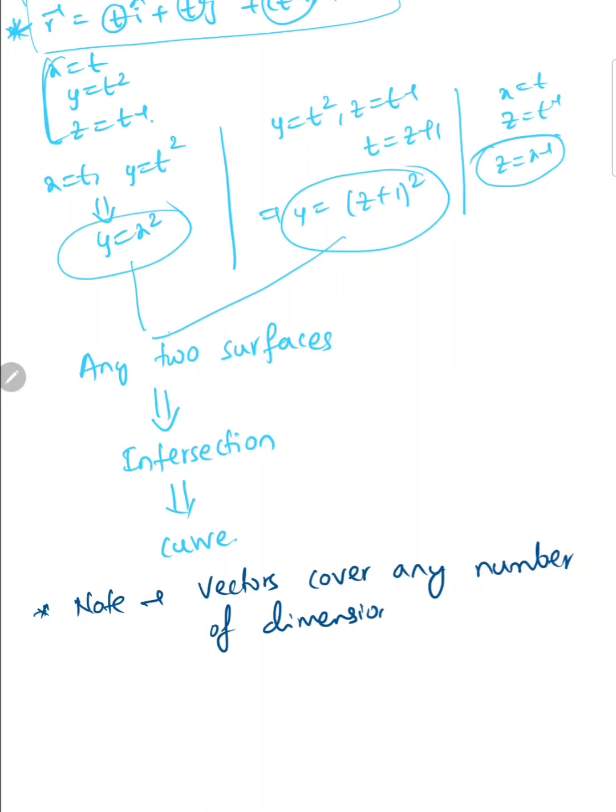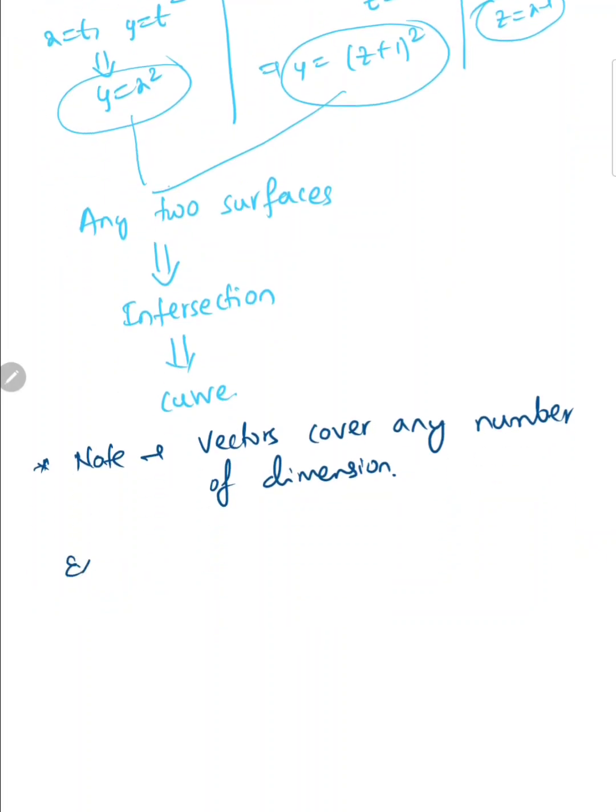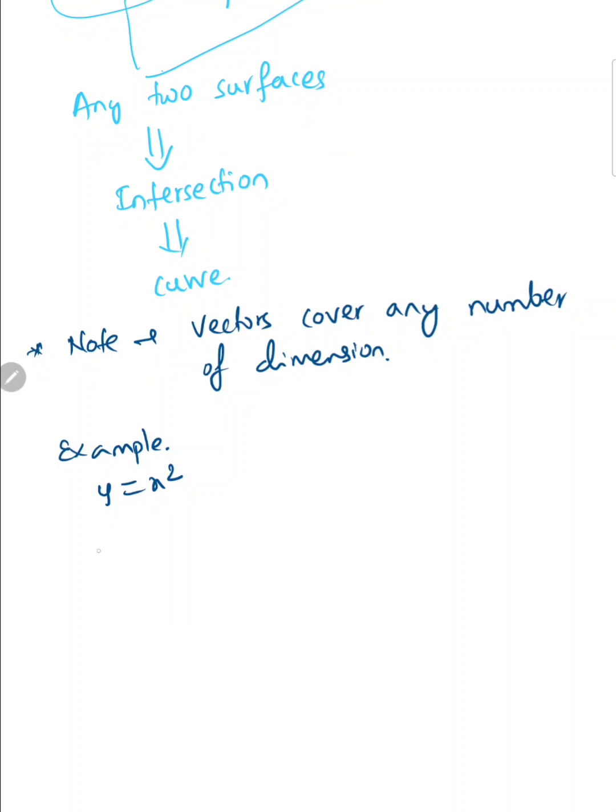For example, we can see a curve in the xy plane. We are taking the curve y is equal to x square. The corresponding vector form of this curve is r is equal to t i plus t square j.